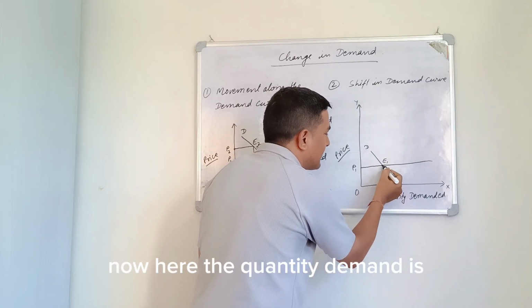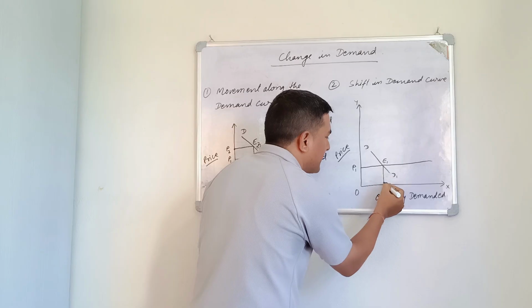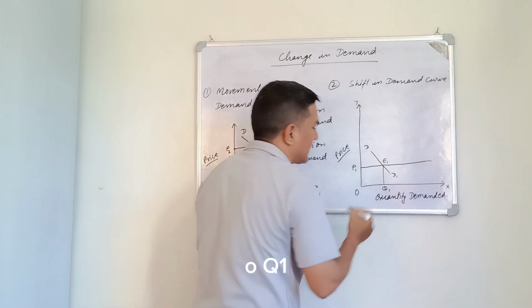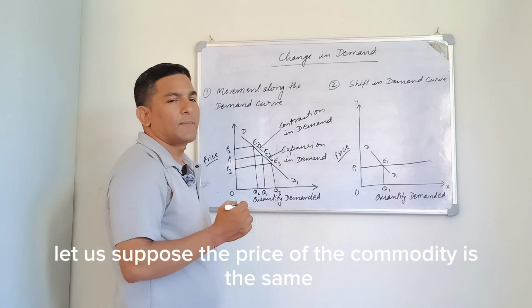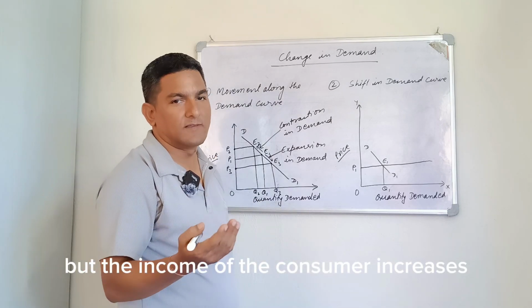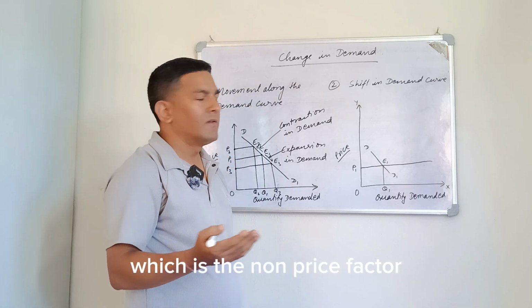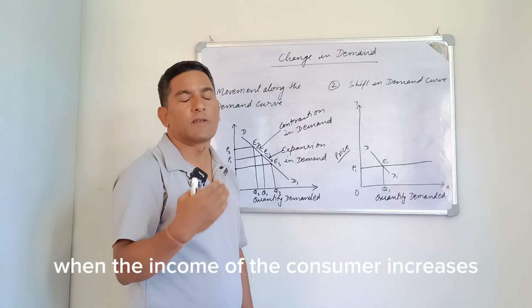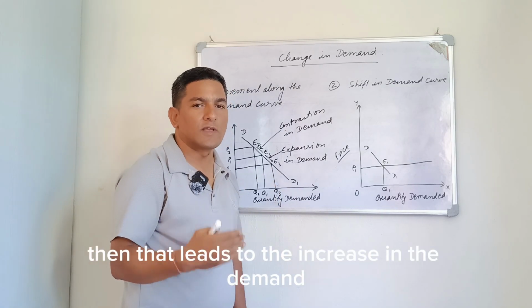Here the quantity demanded is OQ1. Let us suppose the price of the commodity is the same, but the income of the consumer increases, which is the non-price factor. When the income of the consumer increases, that leads to an increase in the demand.